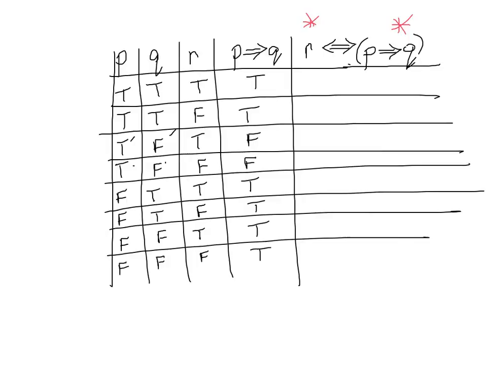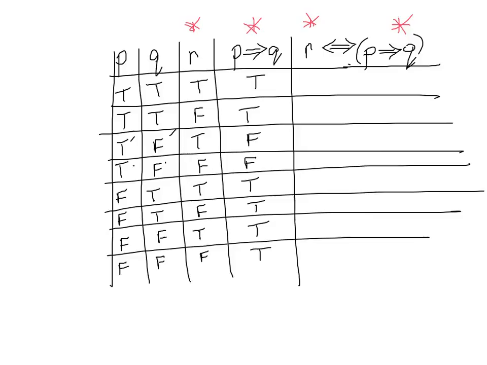But we can do this by looking at the columns that we need. So we need the R column, and we need the if P then Q column. And we need to recall that the if and only if symbol says that if they're the same, then it will be true.